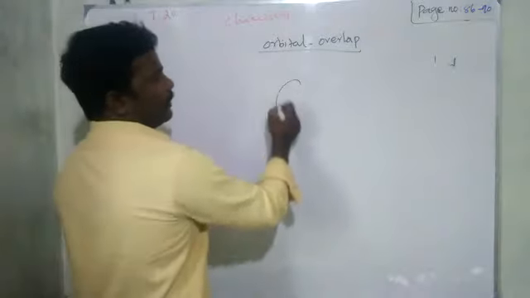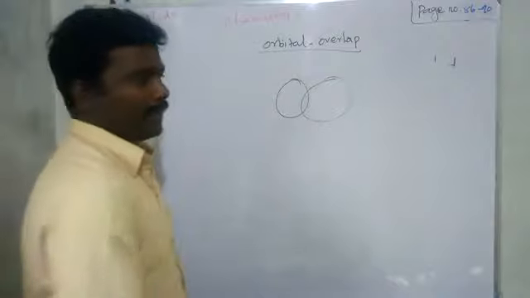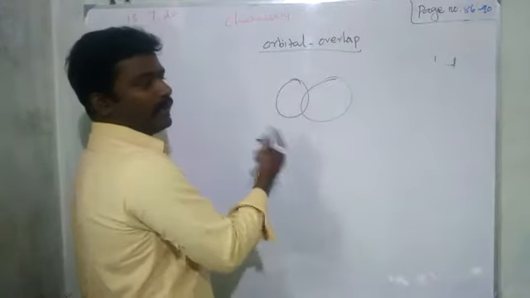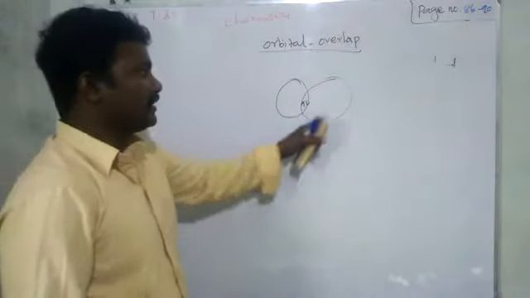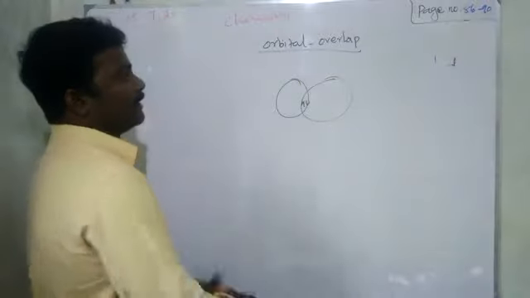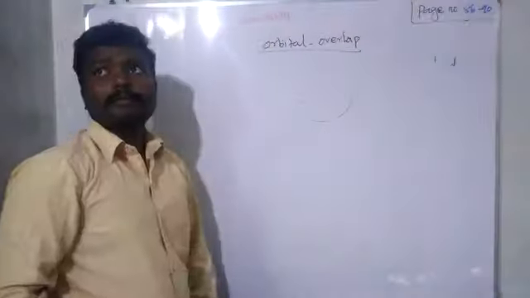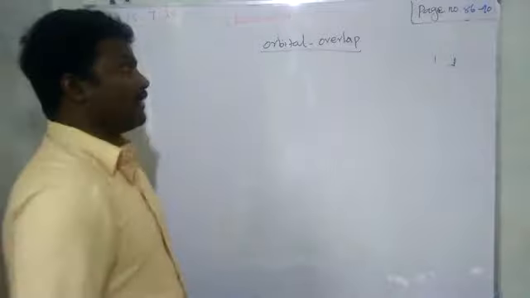For example, if you take two spherical orbitals like 1s, one 1s may have one electron, another 1s may have one electron, for hydrogen. Those two electrons may be present in the region of that overlapped orbital.